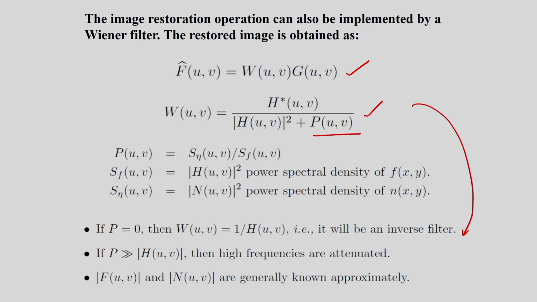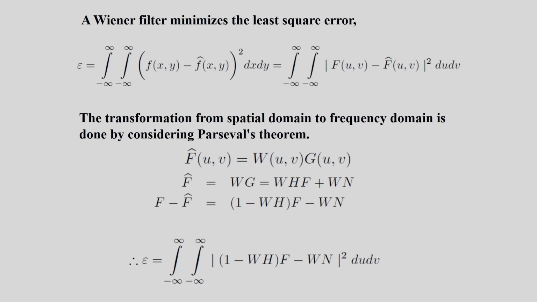And in this case, the magnitudes of F(u,v) and N(u,v) are known approximately. This information is available. F(u,v) means the Fourier transform of the image, and N(u,v) means the Fourier transform of the noise. So a Wiener filter minimizes the least square error.